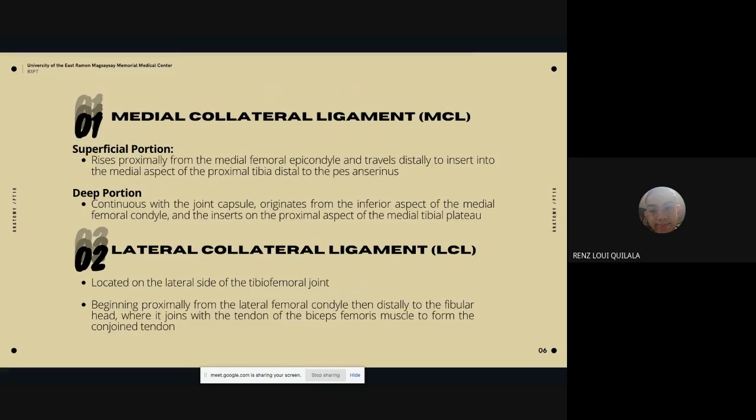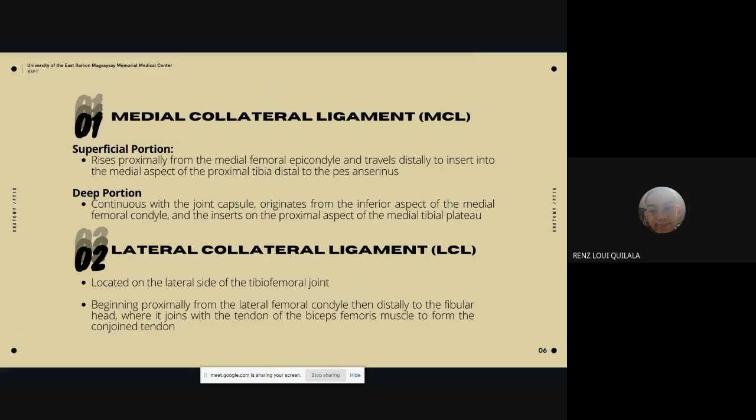The deep portion continues with the joint capsule, originates from the inferior aspect of the medial femoral condyle and inserts at the proximal aspect of the medial tibial plateau. It resists excessive abduction or valgus and lateral rotation stresses at the knee, especially when extended.